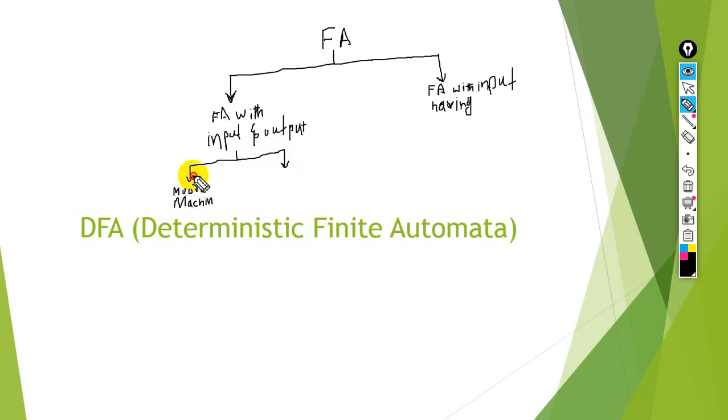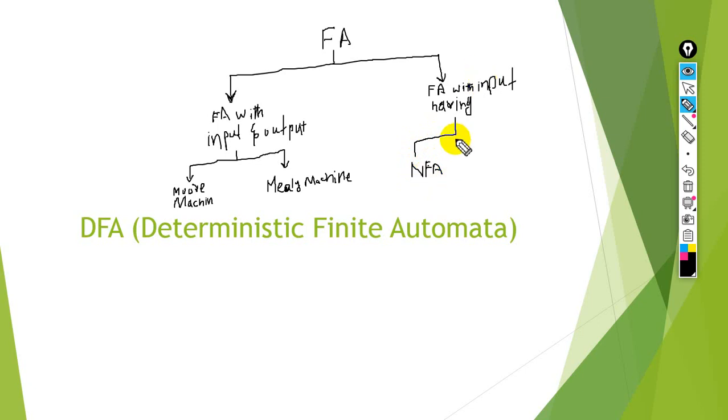These are the examples of FA with output. And this is an example of NFA, non-deterministic finite automata, which we have discussed so far.